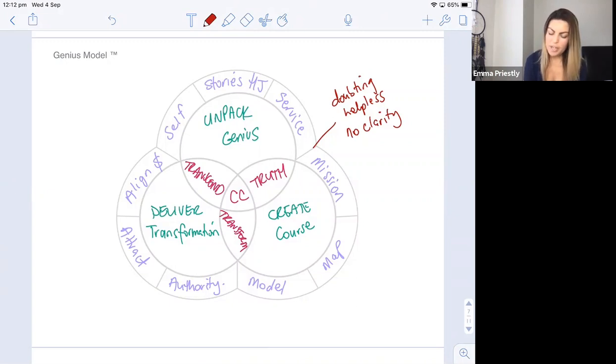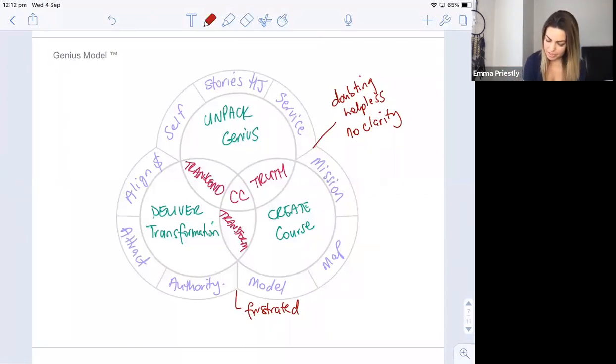If you don't know how to create a course and deliver transformation, well, you're frustrated because I bet you any money that you're seeing people out there in the field thinking, wow, they're really rocking it, but I actually know that if I got my act together, I could really, really help people. I could help that problem. I have a solution for that.